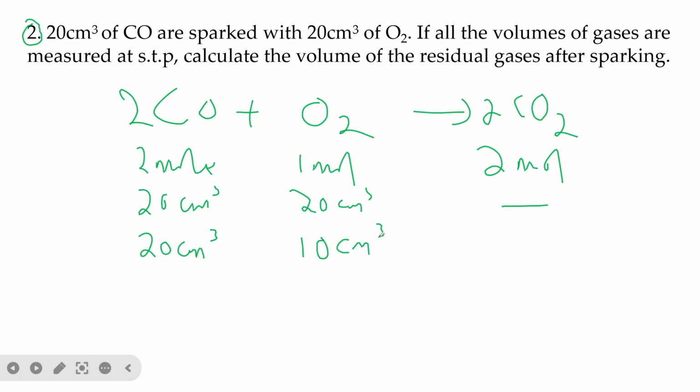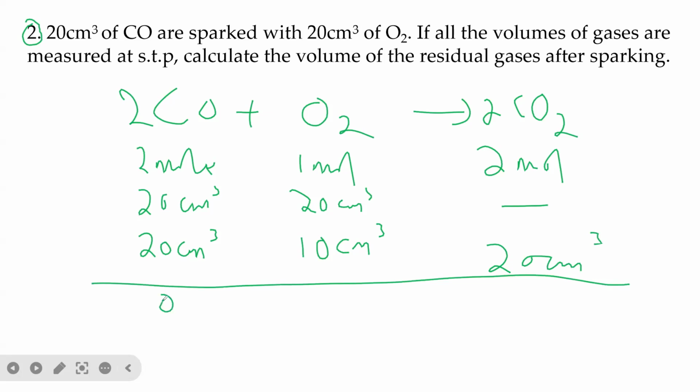And then what will be the volume of carbon dioxide during the sparking? Because carbon monoxide and carbon dioxide contain the same volume, it is going to be 20 centimeter cube. So that is what we have. After the sparking, what is the volume remaining? You see 20 minus 20, we have 0 here. Then 20 minus 10, we have 10 centimeter cube left.